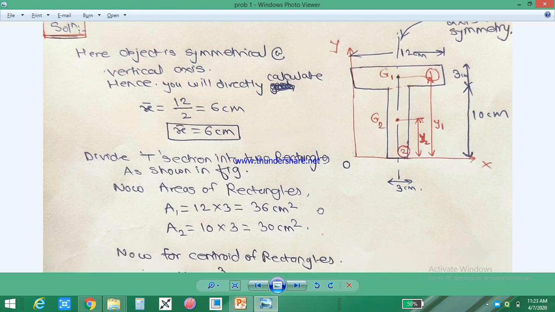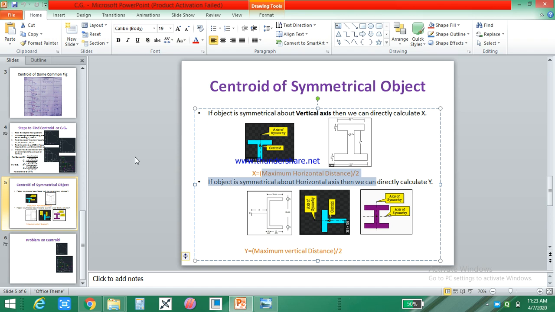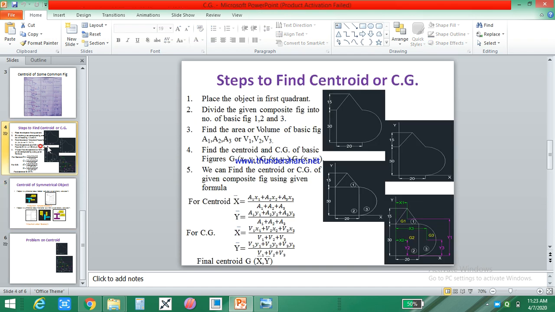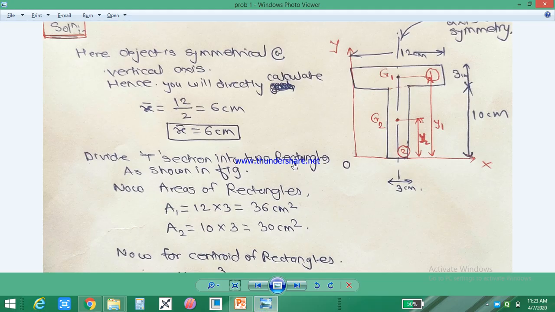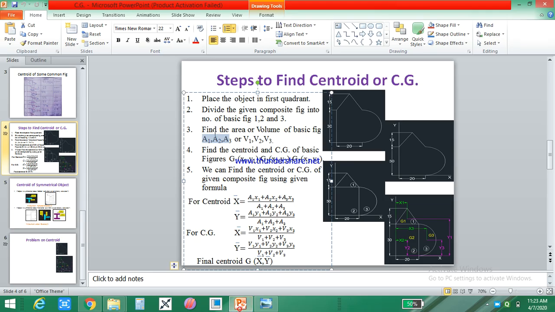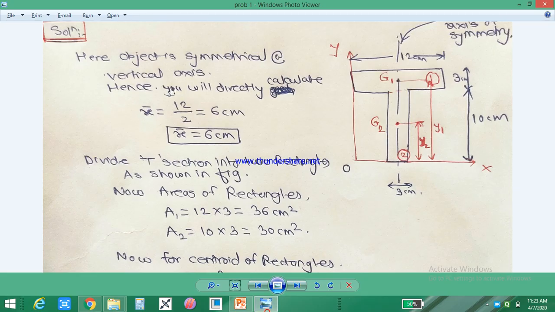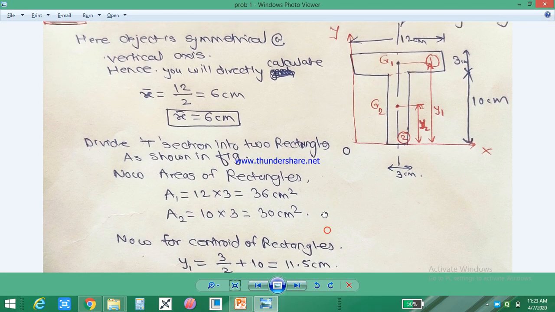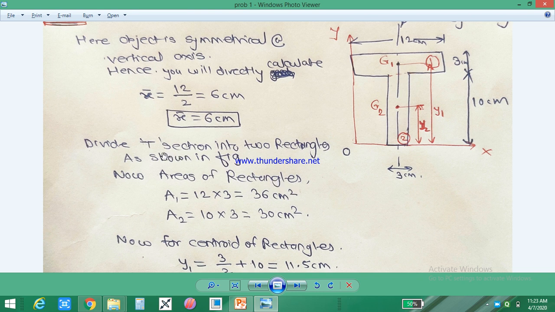As the steps say, first of all divide into figures, third find out the areas. While solving problems, you need not mention step 1, step 2, step 3. These steps are just for our understanding. You just have to solve the problem and keep the steps in mind.